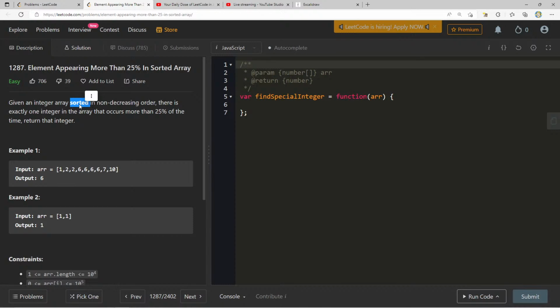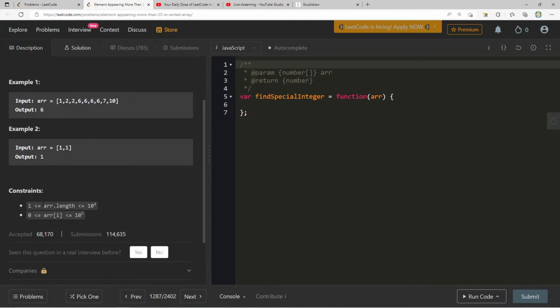So let's think about this. Because there might be, if it's more than 25% of the time, can we find a pattern?